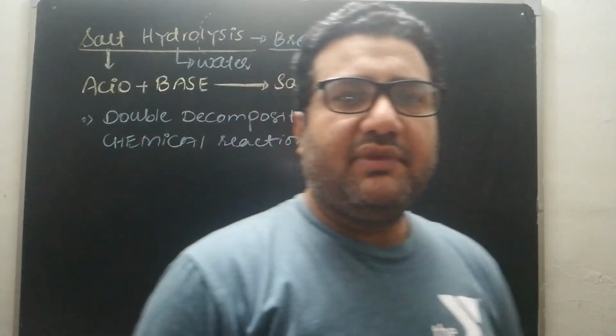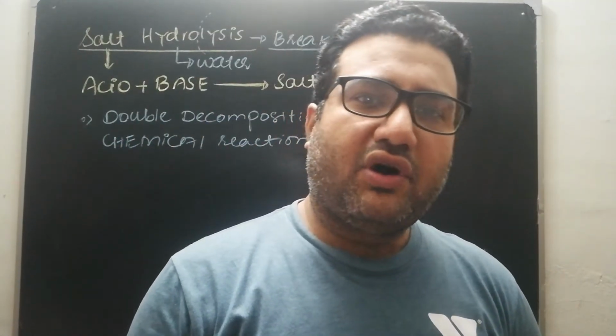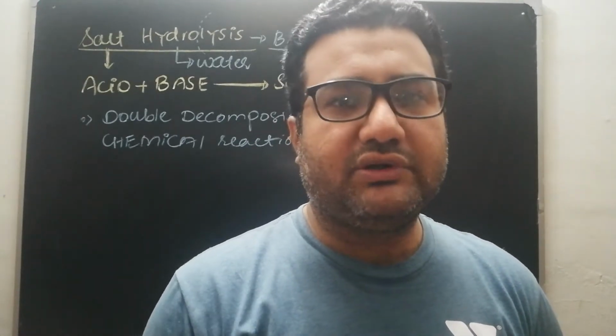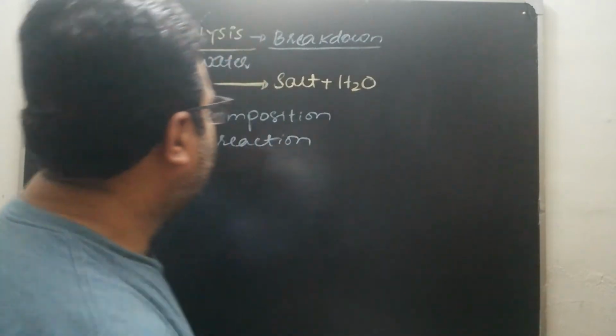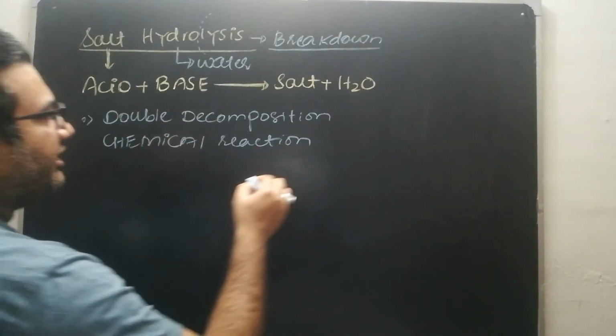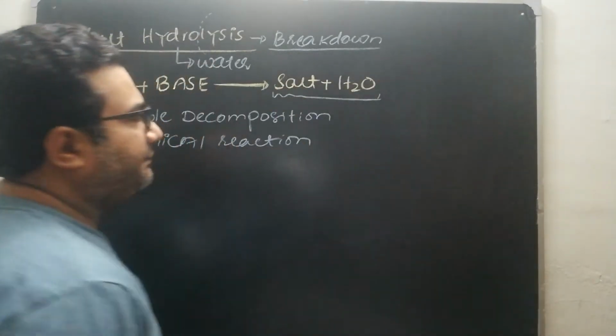Double decomposition means that during salt hydrolysis, the bonds in the salt as well as the bonds in the water molecule both are broken down. And actually, salt hydrolysis is the reaction of the salt with water.